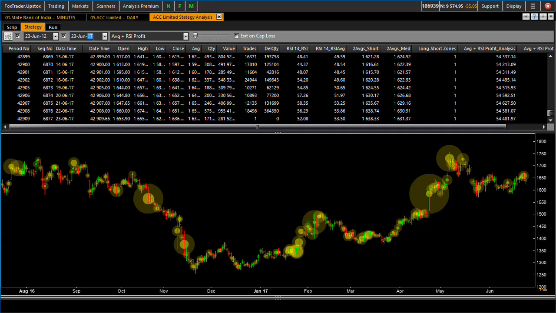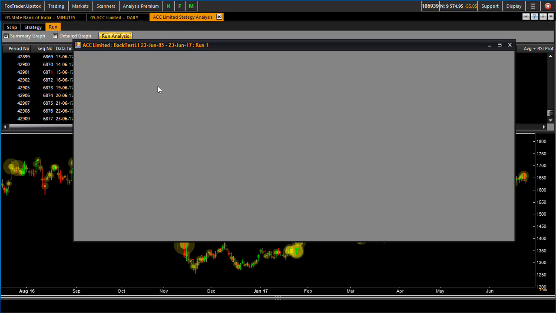However, we ran this strategy on the historical data of ACC, which was from 1985. So let me put the start date as 1985 till date, right? And I want to know the profitability of average and RSI. So I click on run here and click on run analysis.